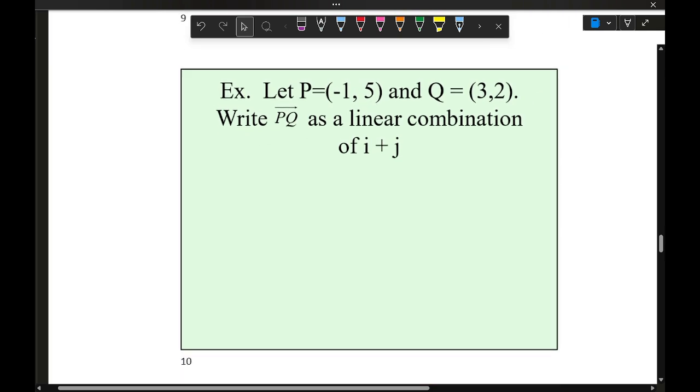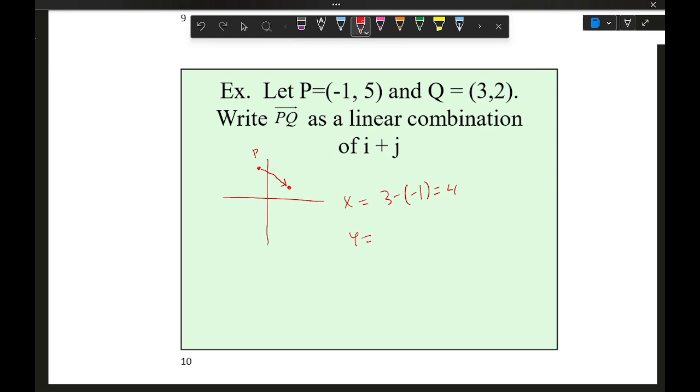So let's do an example here. We're going from P to Q. I'll just draw a quick coordinate plane here to make it easier to see. So P is somewhere up here and Q is somewhere over here, and the vector is going to look like that. The way we get this vector is, for the x value and the y value, take what it is on Q minus what it is on P, because it's from P to Q. So 3 minus -1 equals 4 for the x component, and for the y component, 2 minus 5 equals -3.